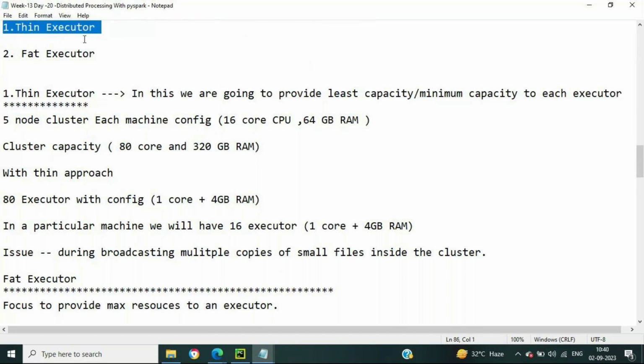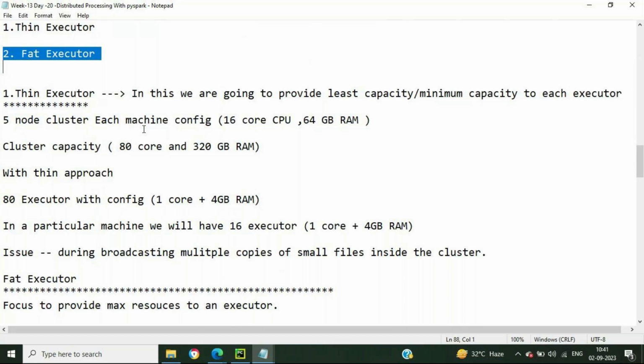With fat executor, research has identified that once we provide more than 5 cores to a particular executor, performance does not increase in proportion to the increment. If we double the resources, we expect the performance to be doubled, but that is not the case. The throughput is disturbed once we have more than 5 cores in a particular executor.